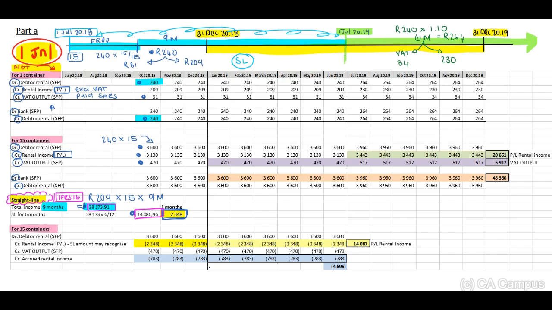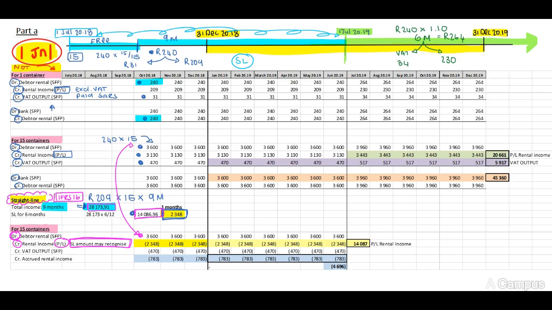We will have to debit the rental income with the 3,600, guys. You see, exactly the same as per the above journal. We need to credit our rental income and our profit or loss with a straight line amount. Remember, this is straight lining. We need to recognize the straight lined amount, the same amount every month in the profit and loss.